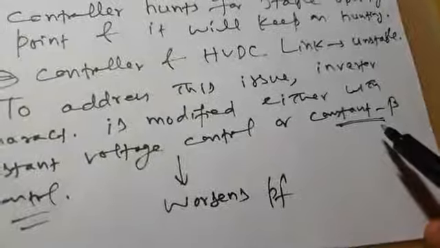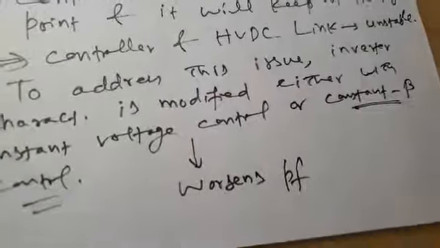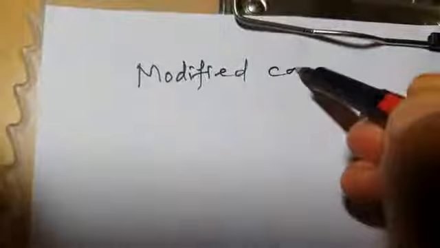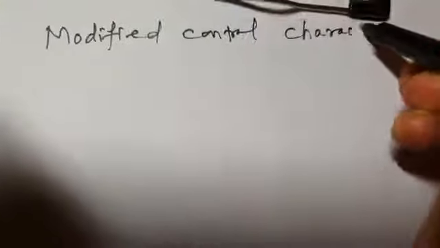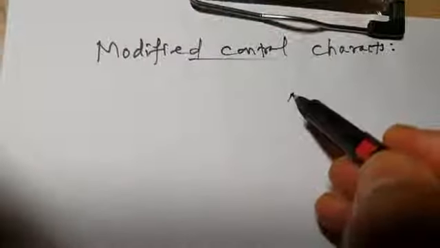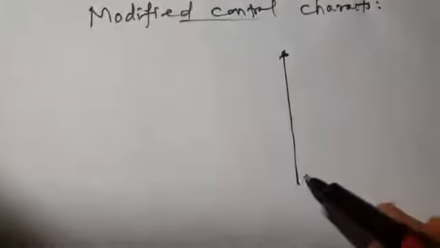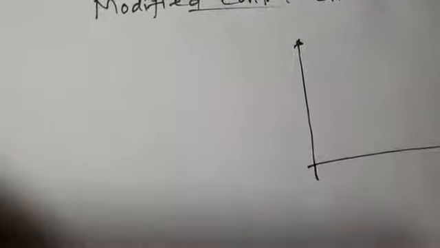How does this constant beta control solve your problem? Let us see. The modified control characteristics will be like this. See, this is your control characteristic.